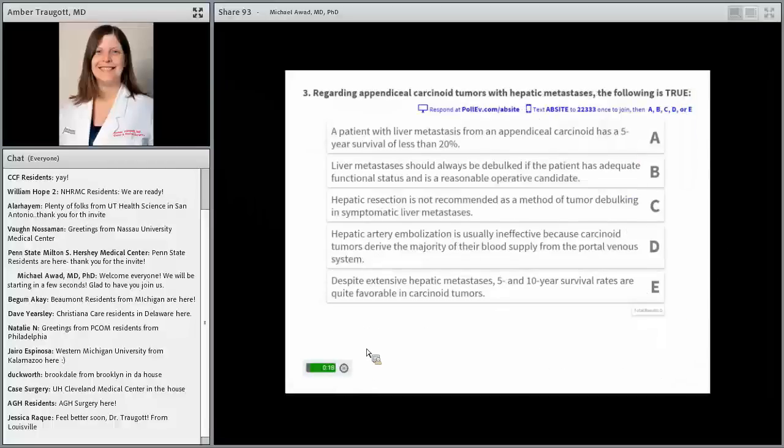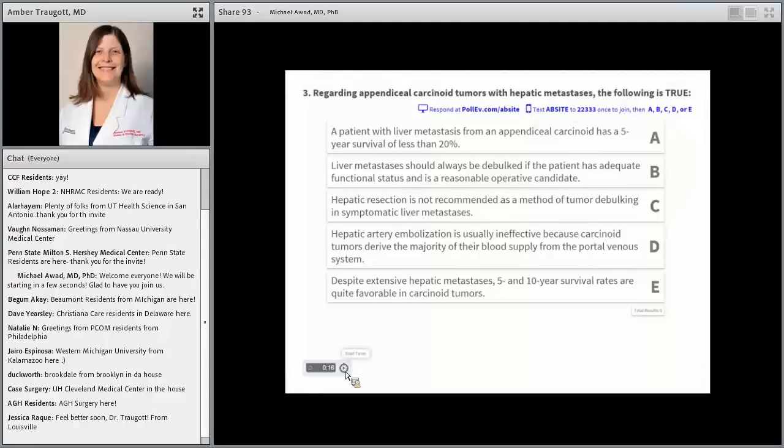Number 3, regarding appendiceal carcinoid tumors with hepatic metastases, the following is true. A, a patient with liver metastasis from an appendiceal carcinoid has a 5-year survival of less than 20%. B, liver metastases should always be debulked if the patient has adequate functional status and is a reasonable operative candidate.